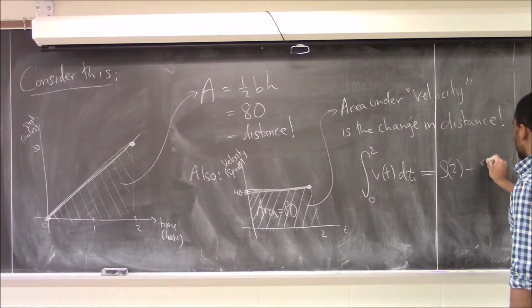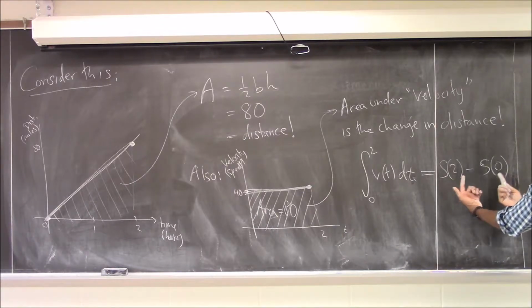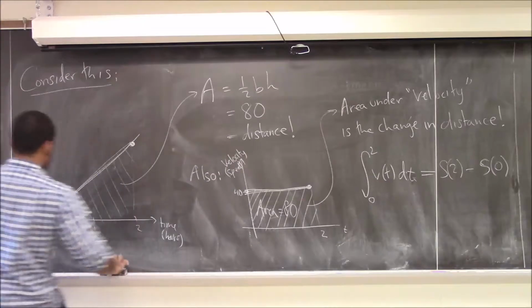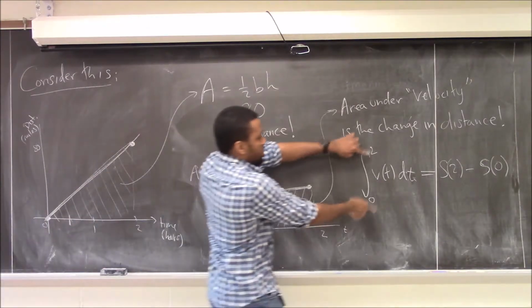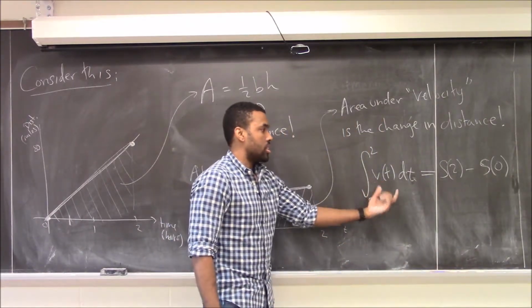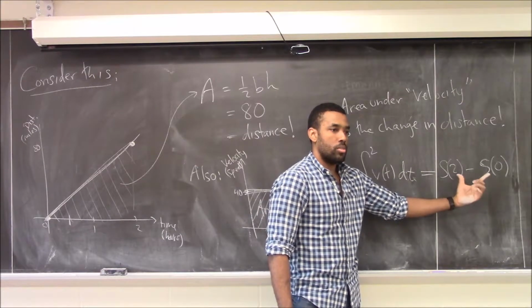Tell me what distance you were when you started. Tell me what distance you were when you ended. Subtract them, right? The same idea would sort of work even if I didn't start at position 0. If I shifted everything, the interval here would be shifted, the interval here would be shifted. It turns out that the area under this I can interpret as a difference between this function.